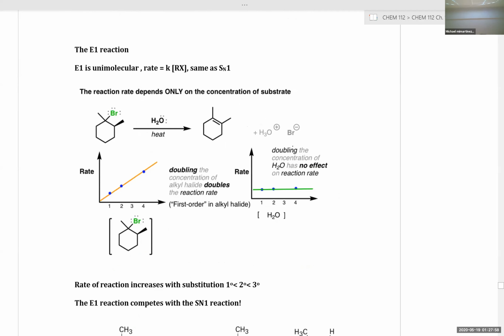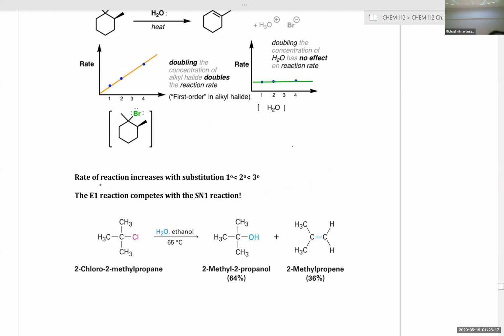And let's look at another type of elimination reaction called the E1 reaction. So the E1 reaction is unimolecular, and the rate only depends on the concentration of substrate. Think very similar to SN1. Now the similarities don't just stop there.